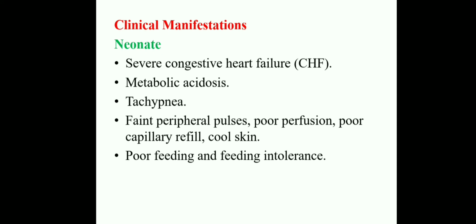The child suffers with congestive heart failure symptoms, metabolic acidosis, tachypnea, faint peripheral pulse, poor perfusion, poor capillary refilling, and cool extremities or cool skin. Poor feeding and feeding intolerance are also there. These are the clinical manifestations of a neonatal child with aortic stenosis.